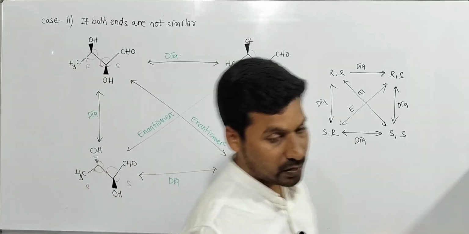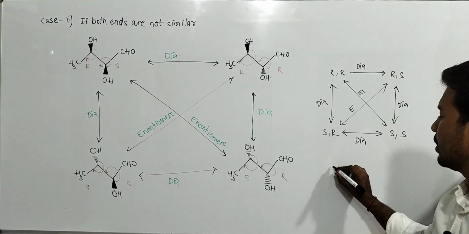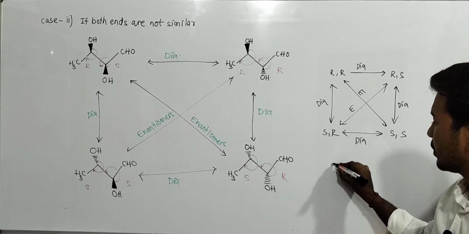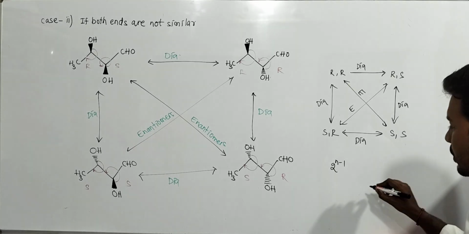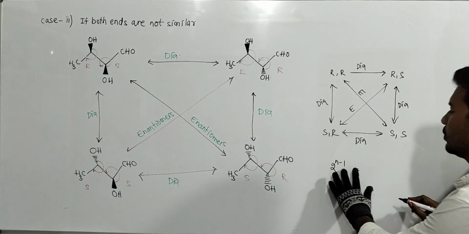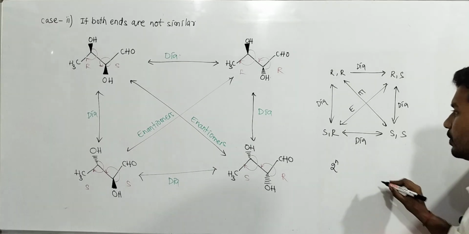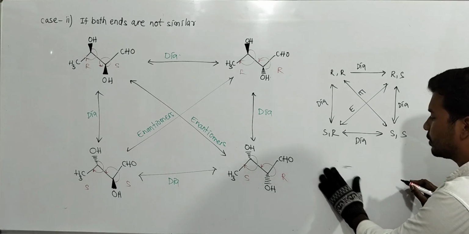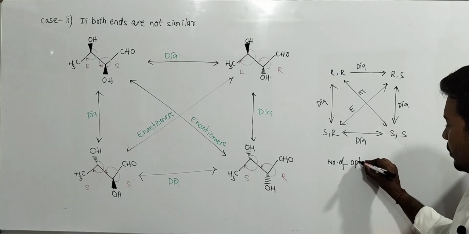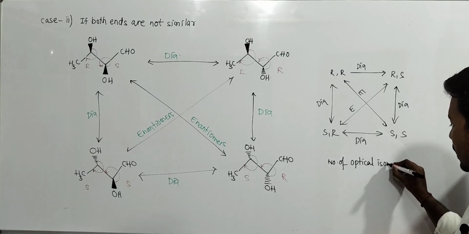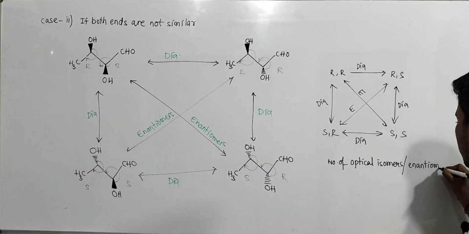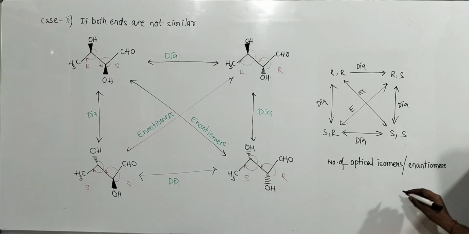For example, this one: how do we calculate the number of stereoisomers? Both ends are not similar, with an even number of chiral centers. The formula is 2 power n. 2 power n means 2 power 2, the number of optical isomers, which are also called enantiomers. The number of enantiomers is 4.